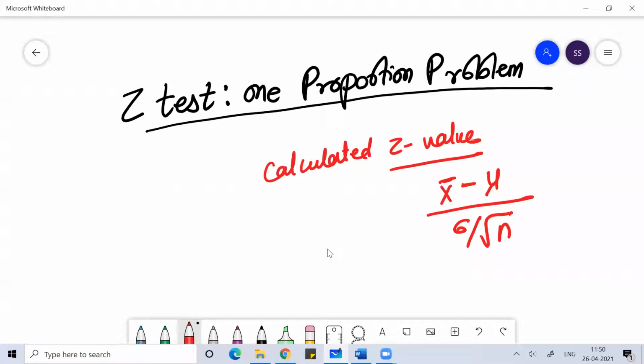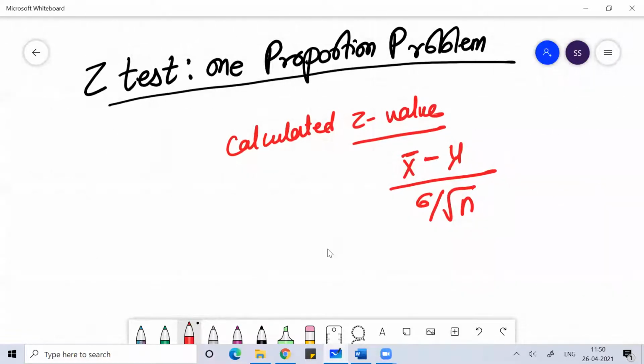We use this formula to find the calculated Z value, where the formula of standard error was sigma by root n. Here also, in the one proportion problem, we'll do it similarly to the way we did the one mean problem. The only difference will be the formula of standard error.